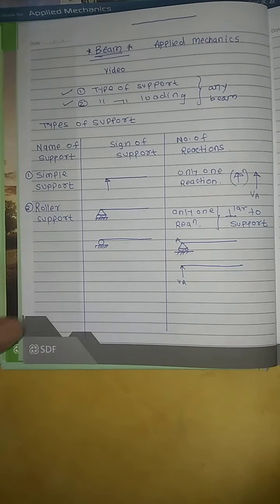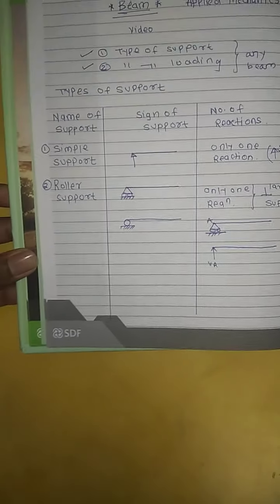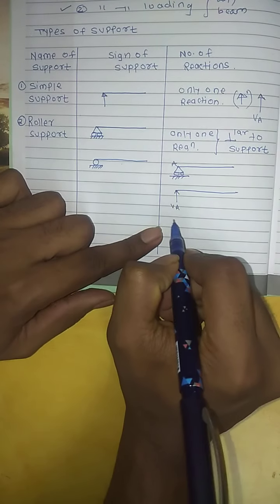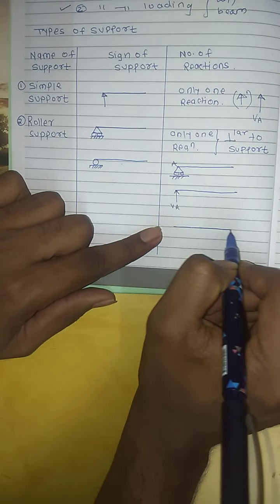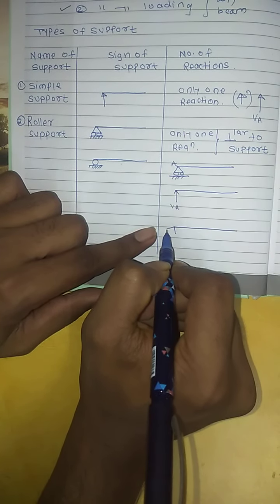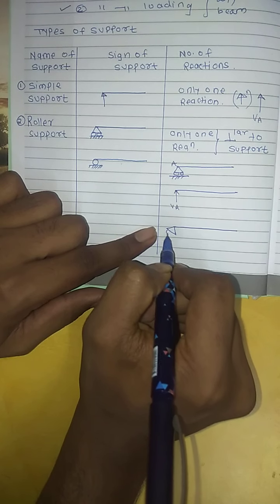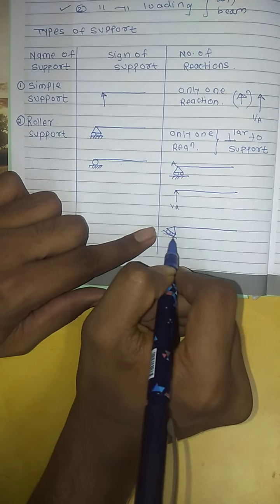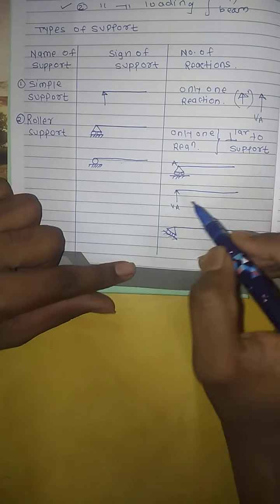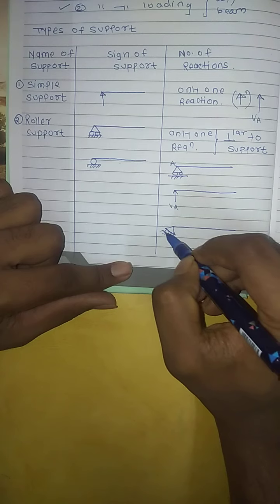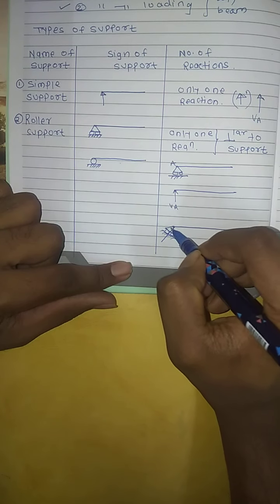Okay, why did I say perpendicular? What is the difference between simple support and roller support? Suppose this is again a beam and suppose you have a roller support like this. Then here the reaction will be perpendicular to the support, like this.